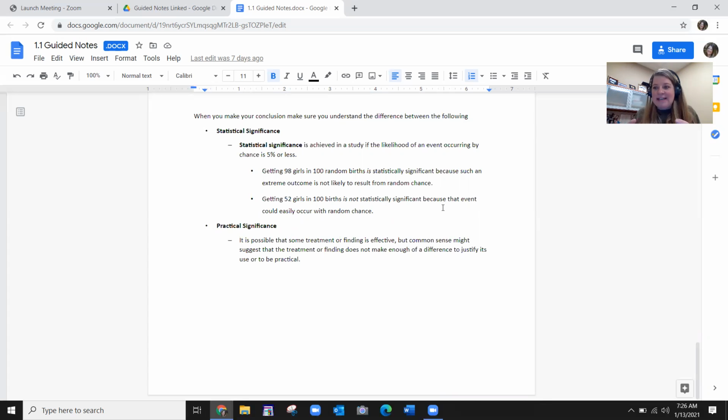So when I do a test of something, if I get something statistically significant, I might be finding like a new cure for cancer. Look, this is significant from chemo or these other methods, this radiation that people are using. So I can maybe prove that this is different. Getting 52 births out of 100, well, yeah, 50-50 chance.